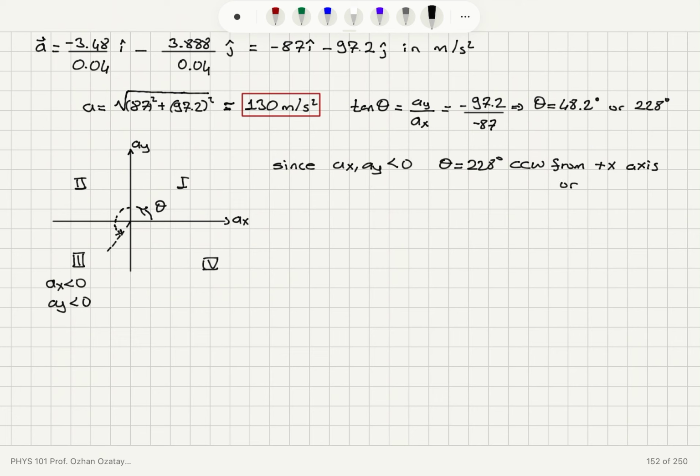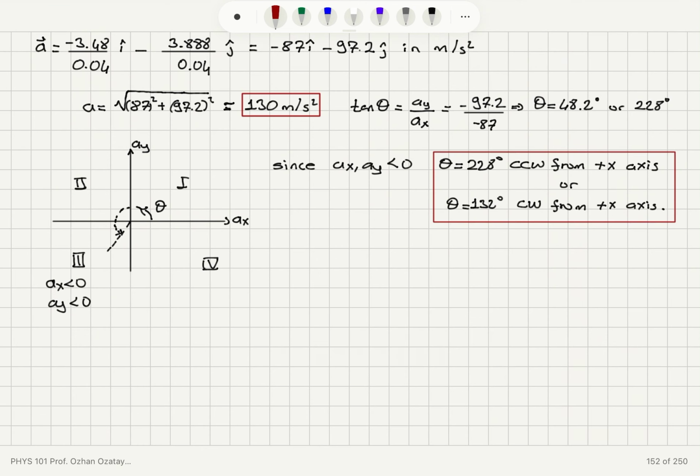Or I can say that theta is equal to 360 minus 228, 130 degrees, measured clockwise from the positive x-axis. So these are two equivalent answers.